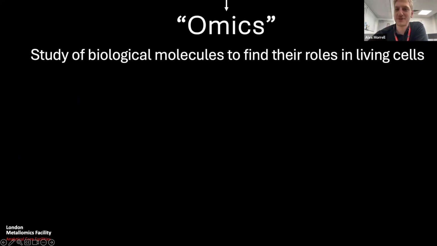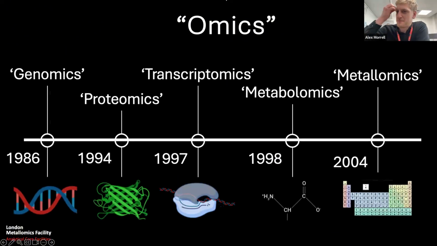On the flip side of the word, omics, I probably don't need to introduce this to this audience, but this is the study of biological molecules to find out their roles in living cells and human health. Probably the reason most people haven't heard of metallomics is that we're the new kid on the block. Metallomics was only coined around 20 years ago.